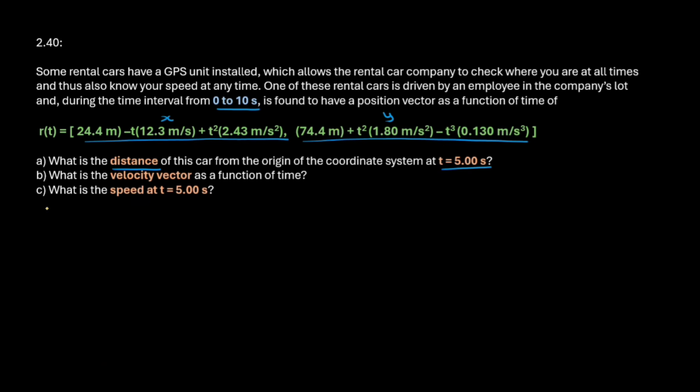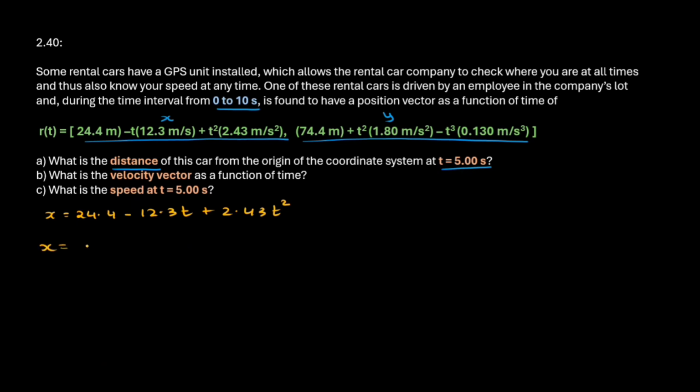So let's write down the x component of position. X is equal to 24.4 minus 12.3 t plus 2.43 t squared. To find the x component of position at time t equals 5 seconds, we will substitute the time value here.